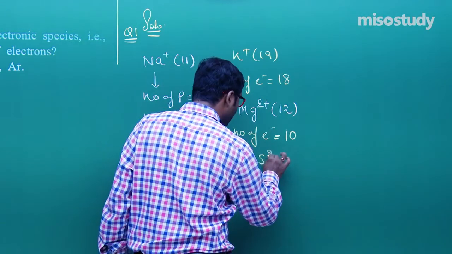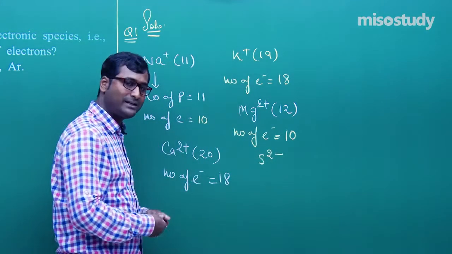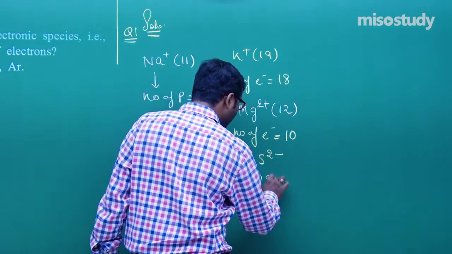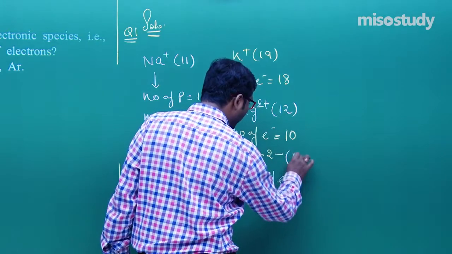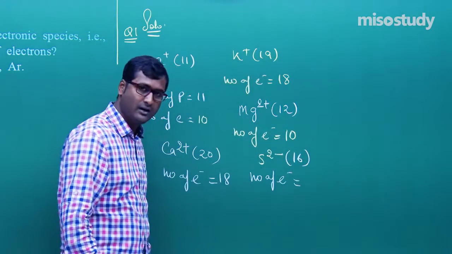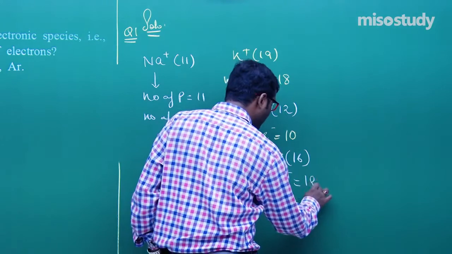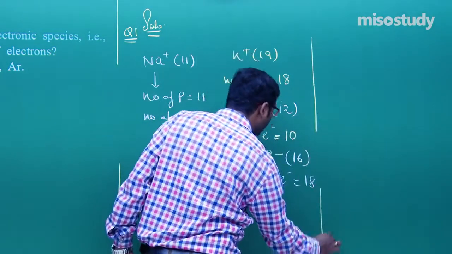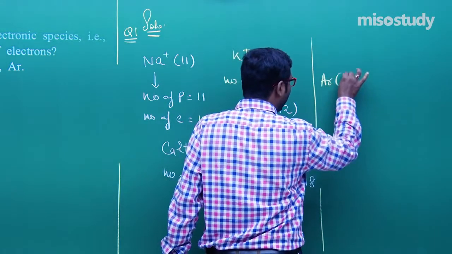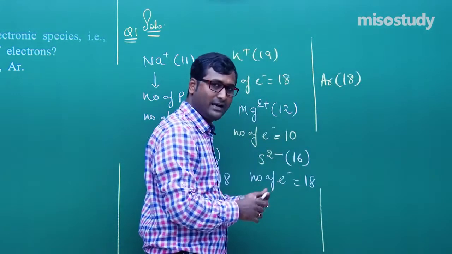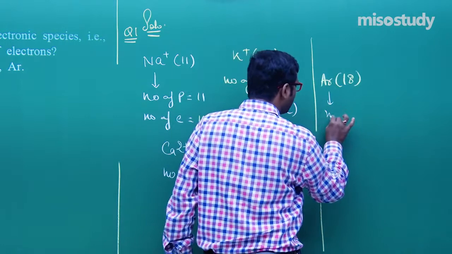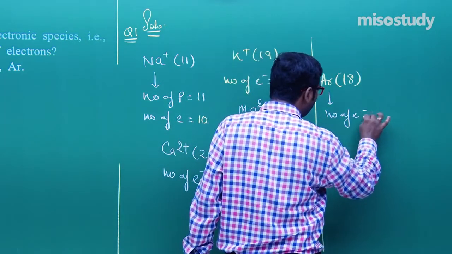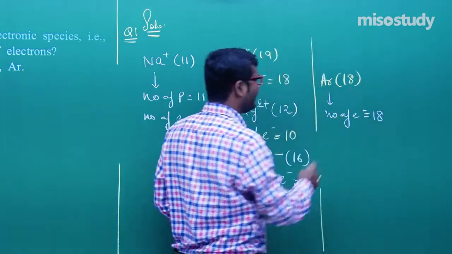Then S2-. The atomic number of sulfur is 16. Number of electrons is 16 plus 2, that is 18. Clear to you? Now if I talk about argon, atomic number 18. Here there is no plus, it is a neutral atom, so the number of electrons will be equal to the atomic number, 18.